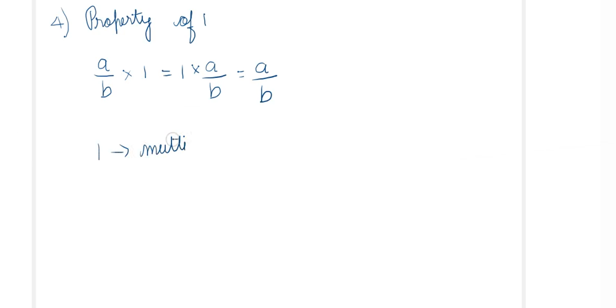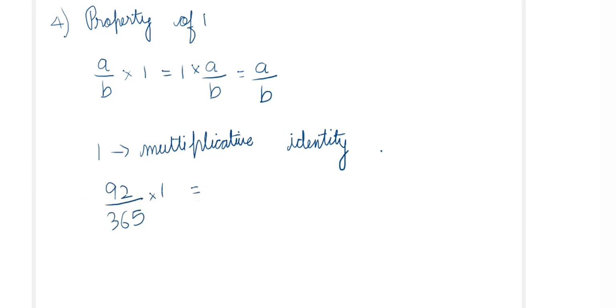What is it called? Multiplicative identity. Moving to the example, 92 by 365 into 1 is equal to 92 by 365. So any number into 1 will definitely give you the same number.